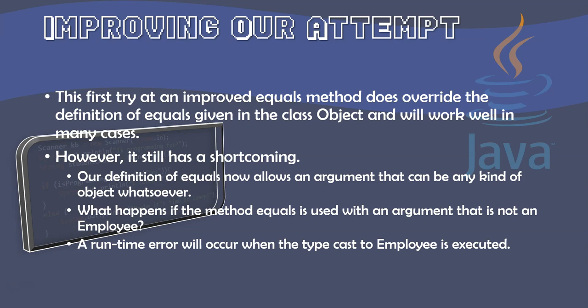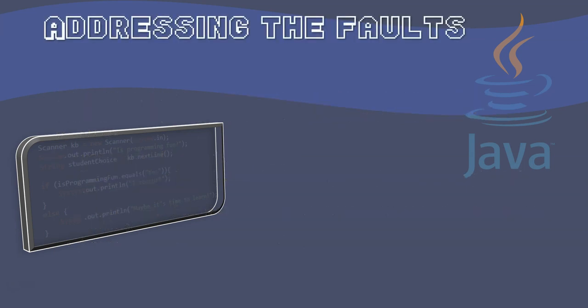What we're going to get is a runtime error that happens when you try to typecast to employee, and it looks and says, this is not an employee type, this is, let's say, a string type. Those aren't compatible. What do you want me to do with this? It's going to compile, and the runtime will just stop your program. So let's work on addressing that little bit of a shortcoming that we just looked at.